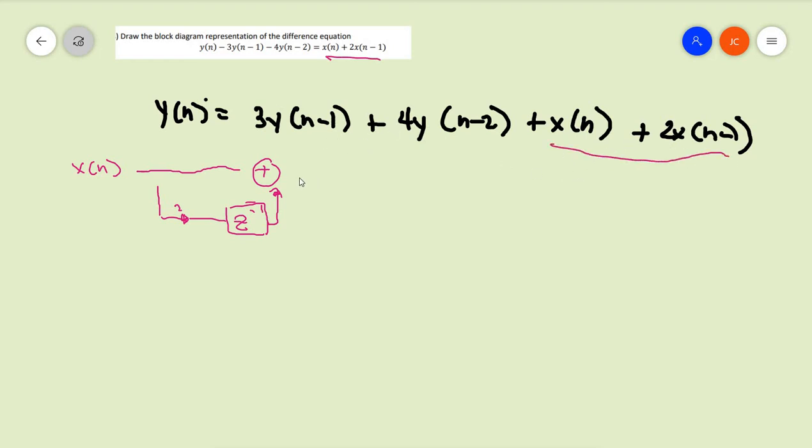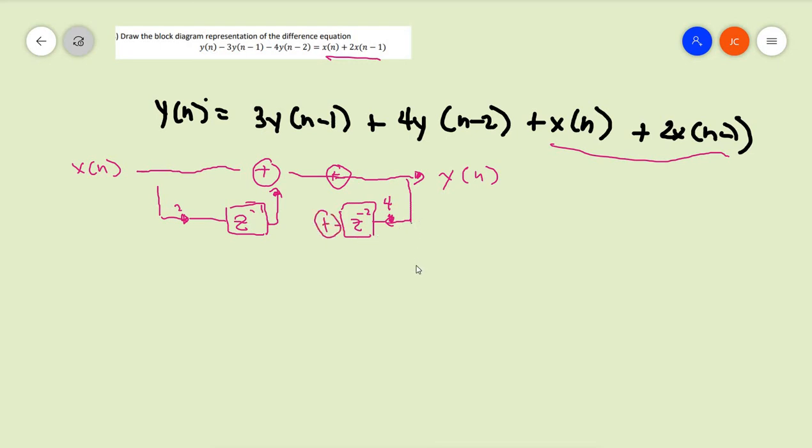The things we still need to deal with would be these. We're going to have a plus there, y of n. There's a constant of positive 4, and then z to the negative 2, and there's a plus here.